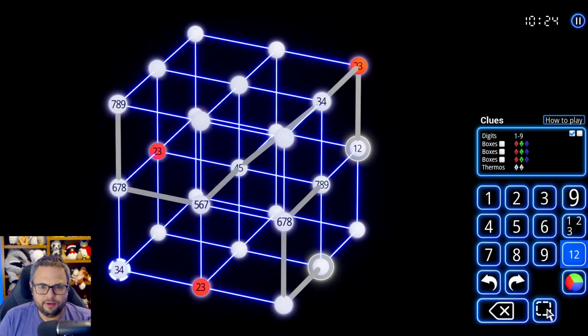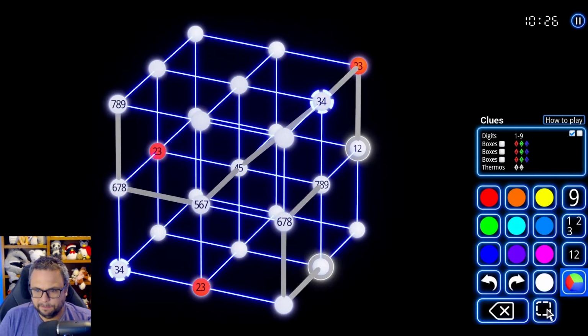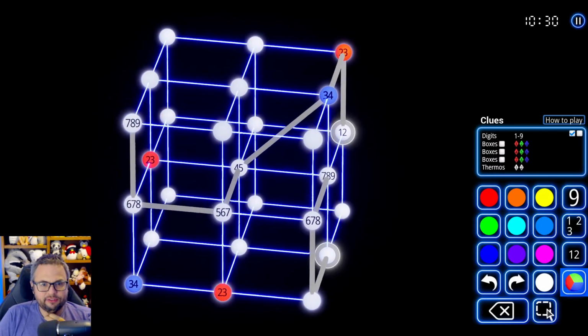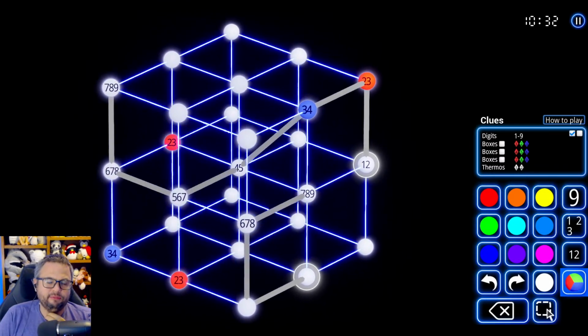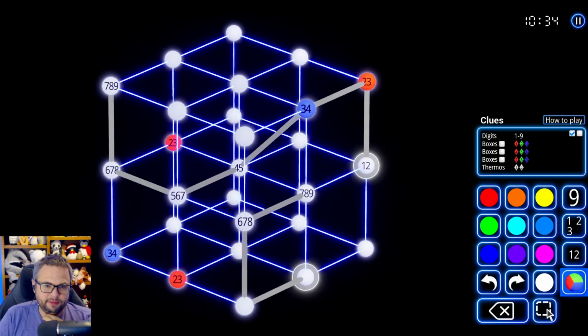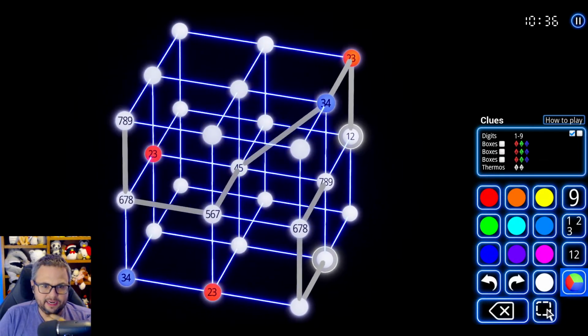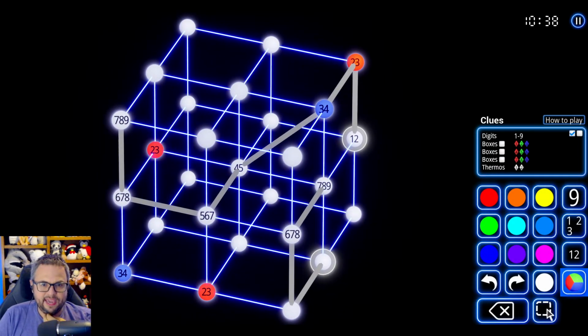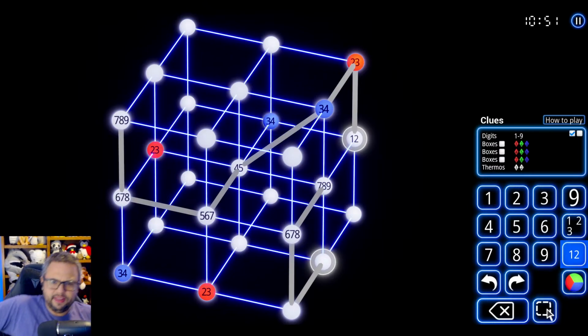And I will give those each a color. We'll make them blue. And so I think as soon as I've placed 2 of a digit, I can always place the last one, I think. So I think that's the next one, right? I think that is the last 3-4, just by using my somewhat awkward sense of exactly how this works.